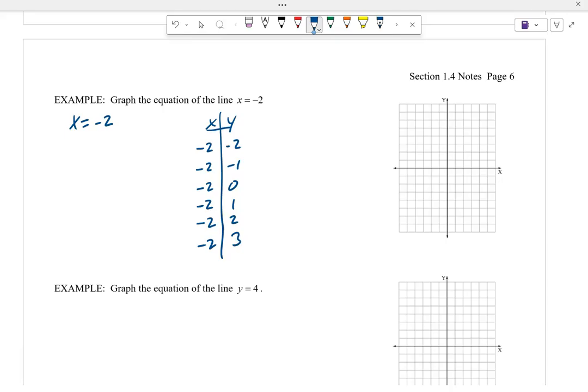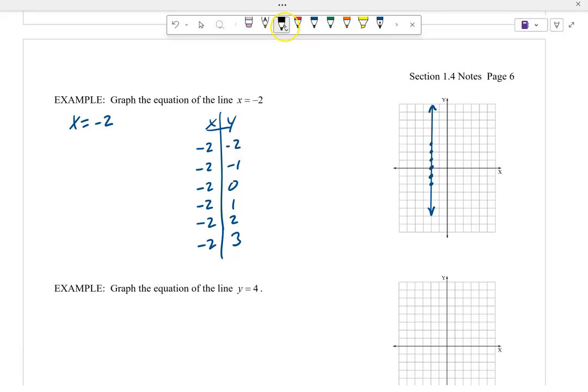There's no y's to plug in there. So x is always negative 2. So negative 2 would be right there. Oops. It'd help if I graph that, right? Negative 2, negative 1, negative 2, 0, negative 2, 1, negative 2, 2, negative 2, 3, and so on. Hopefully, if you graph enough points, you start seeing, oh, this is a vertical line, right?